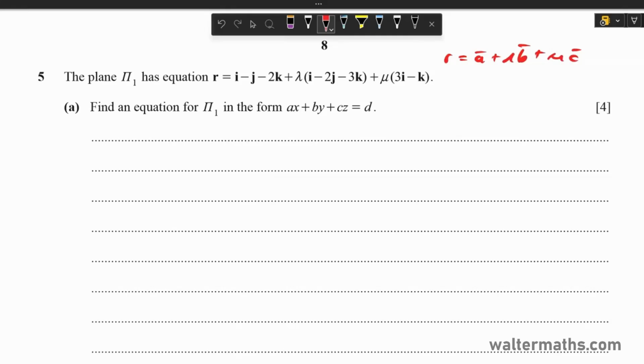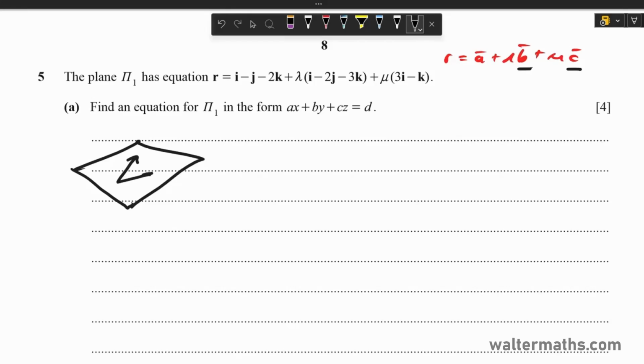Now, in order for us to find the equation of the plane in Cartesian form, as they want here, we have to find the normal to the plane. So we're going to take the direction vectors b and c, and these are going to help us to find the normal to the plane. Here is an illustration of a plane, and we have the two vectors.